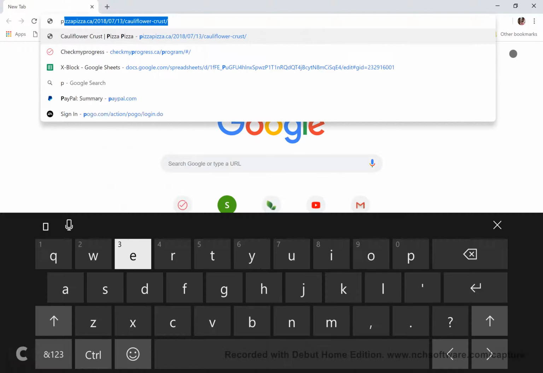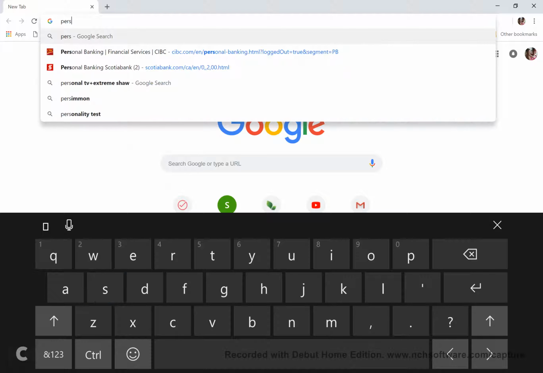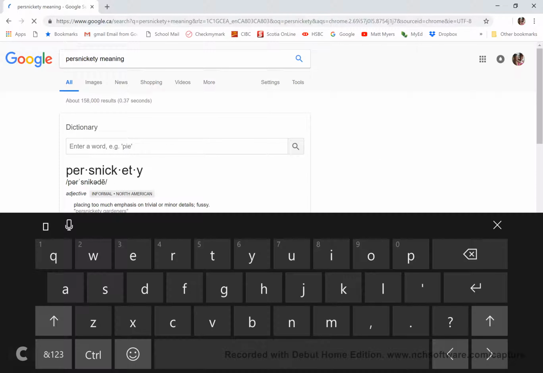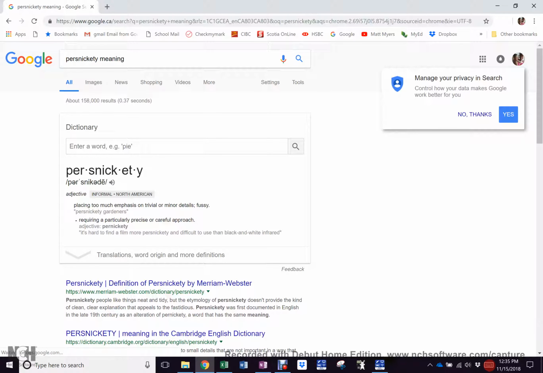Observe. You're about to see, because you learn something new in math class every day. You don't learn English in math. I know. Persnickety. Meaning: placing too much emphasis on trivial or minor details. Fussy. Fussy. That's a good word. This math is very fussy.